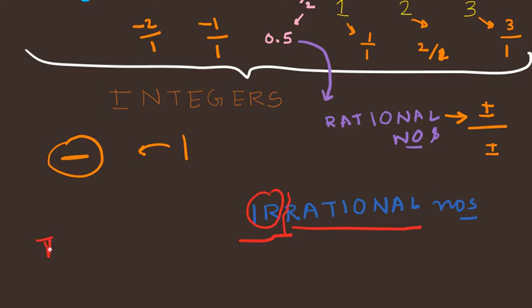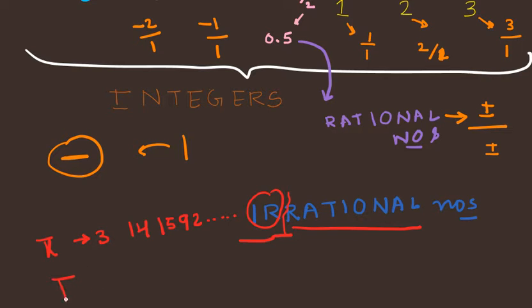You must be familiar with pi, which is nothing but the ratio of circumference to the diameter of a circle. The value of pi is 3.1415926, and it goes on. So it cannot be expressed in the form of a fraction.